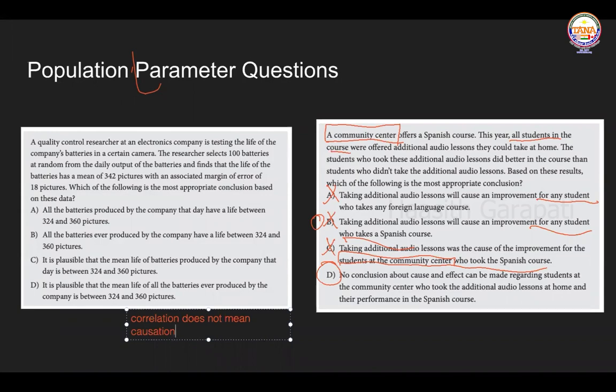Does that mean that there's a correlation between air conditioners and knife injuries? No, it just means that there's a relationship. Doesn't mean that air conditioners are causing knife injuries to happen, right? So that is why you're not allowed to make conclusions of causation like that, and why D is the correct answer.